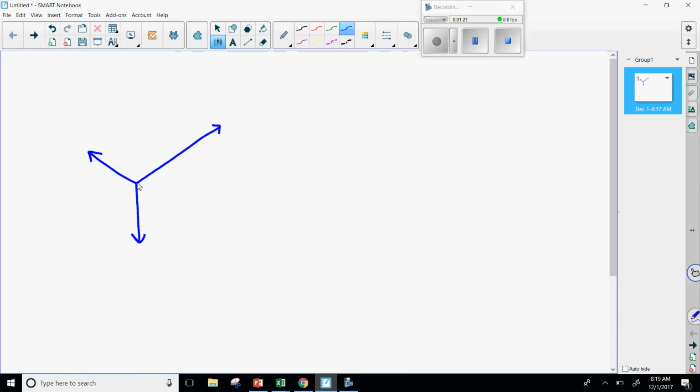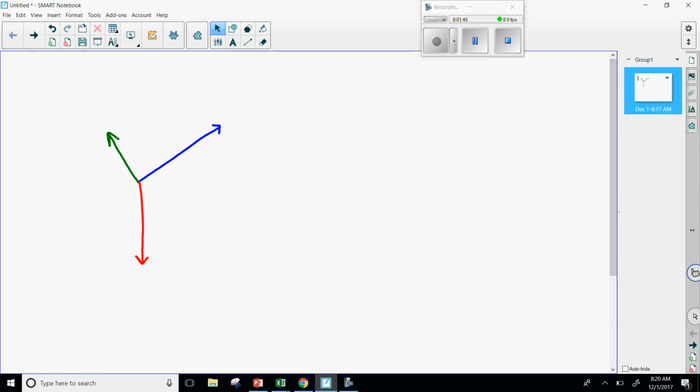If you were to add these together, I should change this to different colors. These may not work out, but if you were to add these together, you would add them head to tail.